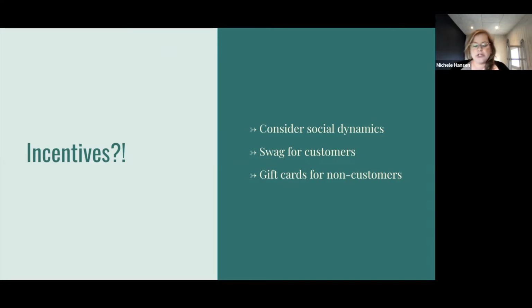In which case it is definitely appropriate to provide them with a monetary incentive for something that is not your product. For existing customers, for example, if you're trying to interview your long-term happy customers to figure out why they're happy so you can get more people in who are also going to be happy with similar use cases, then you can consider giving them swag or maybe a product credit of some sort.